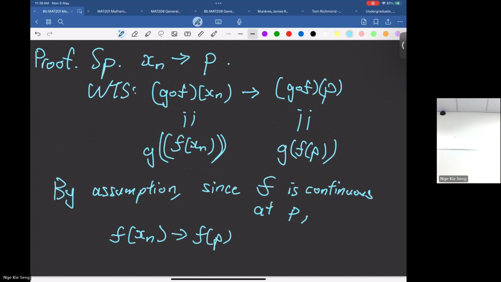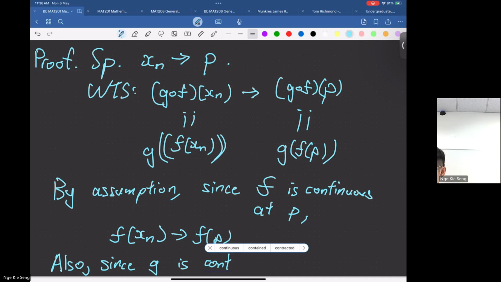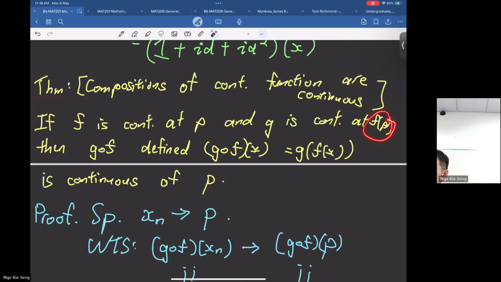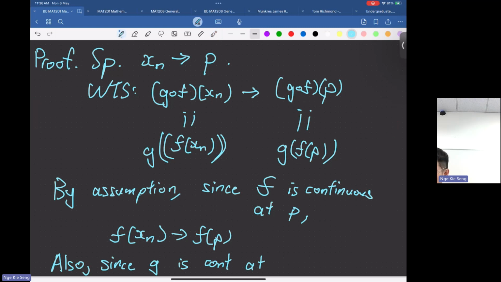But we also know that G is continuous at where? G is continuous at f(p). So I have a sequence that converges to f(p), and G is continuous at f(p), meaning G(f(s_n)) converges to G(f(p)).